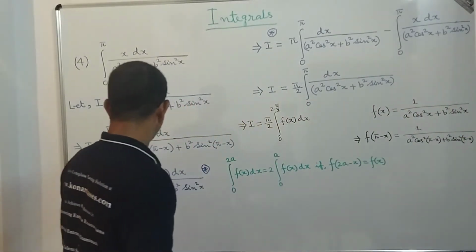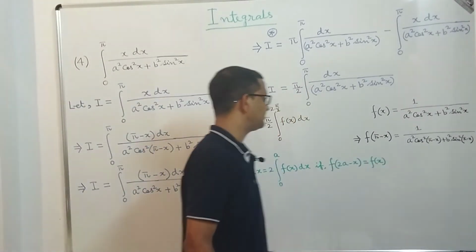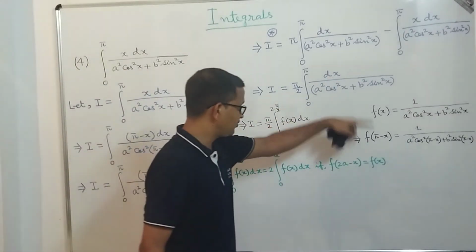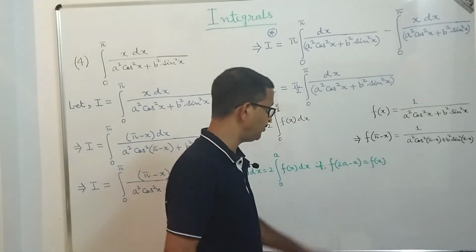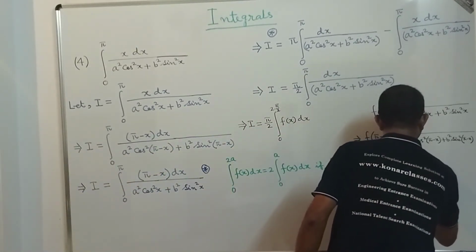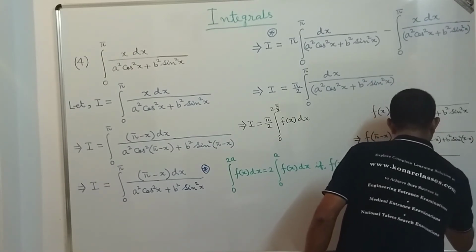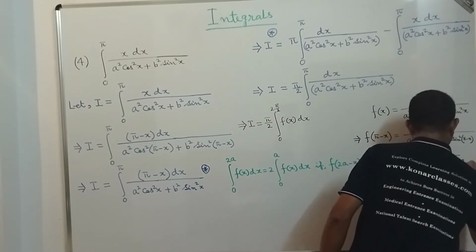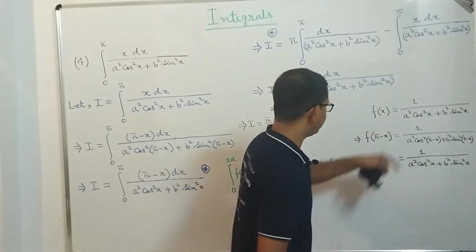Now we looked a few minutes back that cos square pi minus x is equal to cos square x. I actually cleaned it, but if you revert back to this video a few minutes back, you will get it. So this is equal to 1 by a square cos square x plus b square sin square x. Now that is nothing but fx, right?